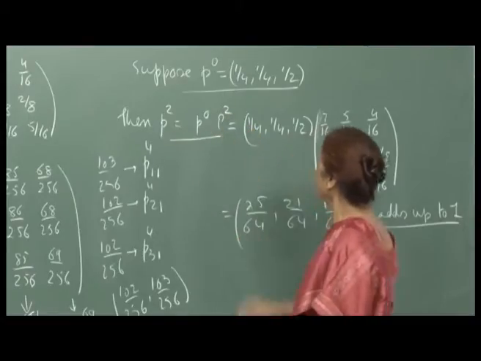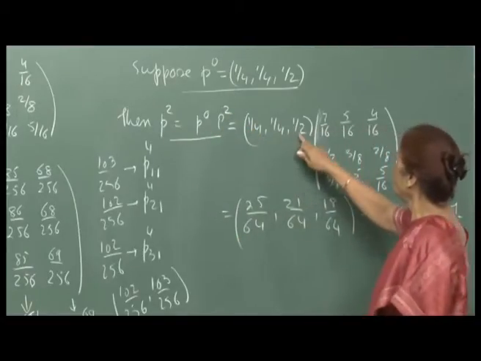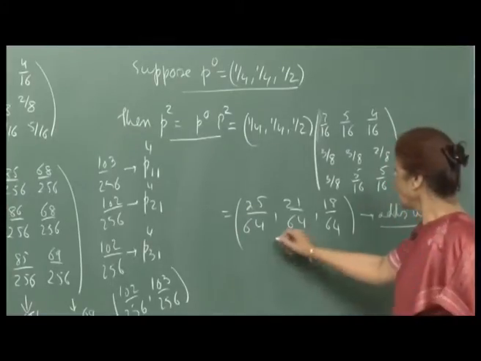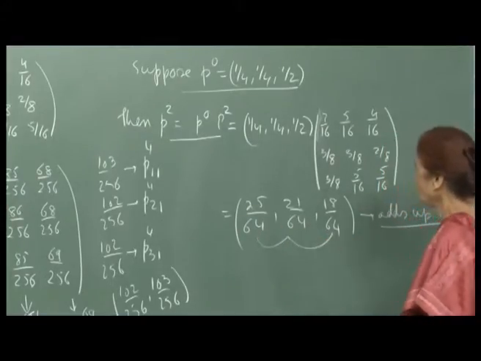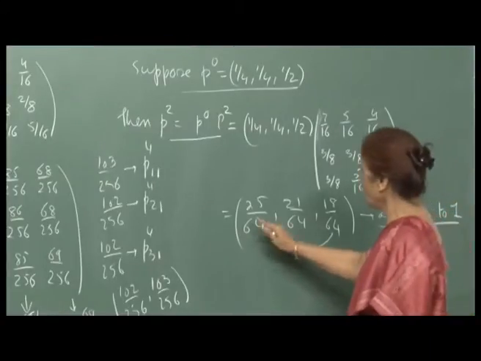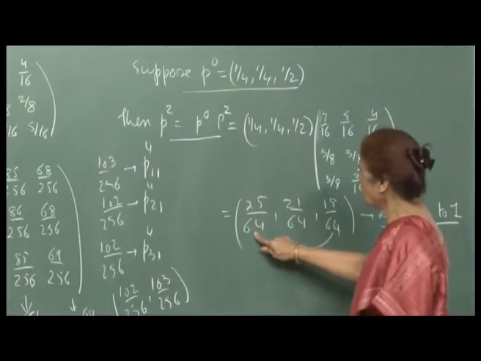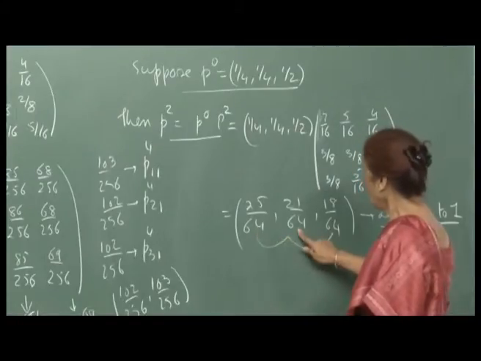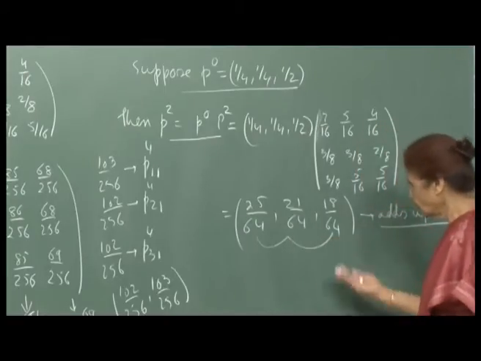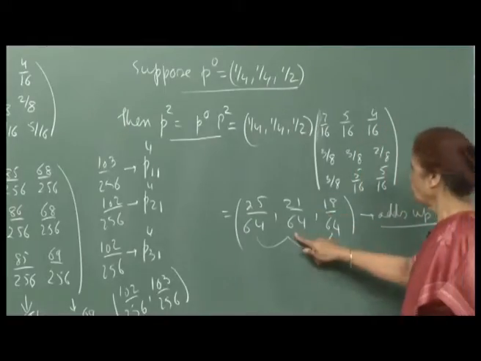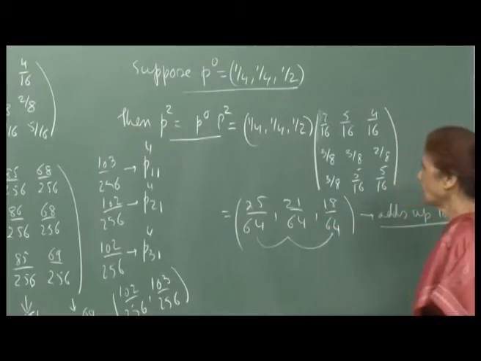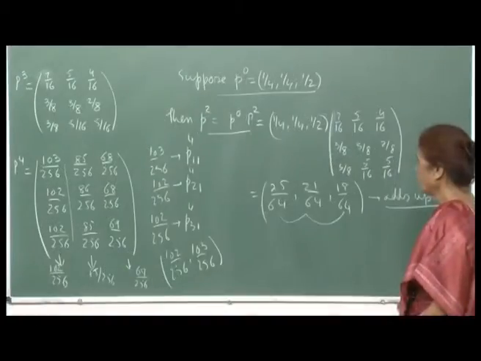That will be given by 1 by 4, 1 by 4, 1 by 2 multiplied by P square. So this gives you the probability of being in production after 2 transitions, and these are the state probabilities after 2 time periods. So, this is 21 by 64 and 18 by 64, and these probabilities also must add up to 1.